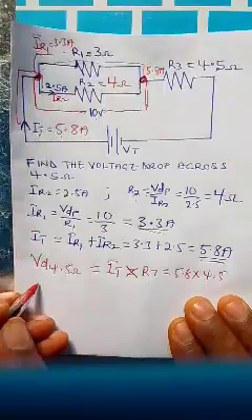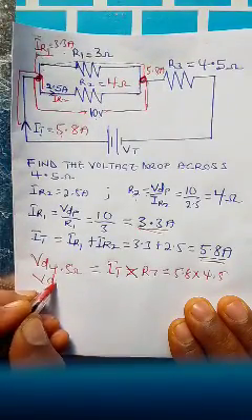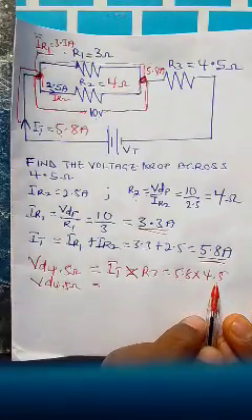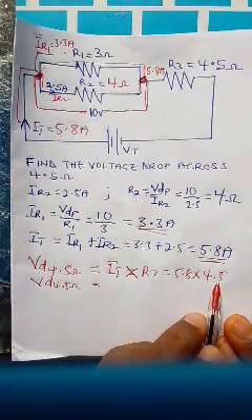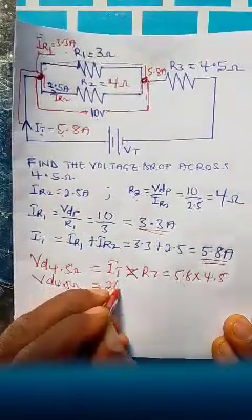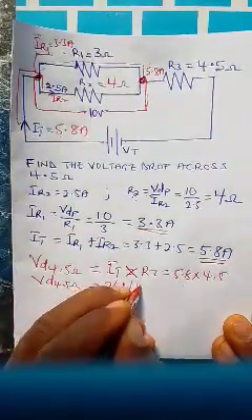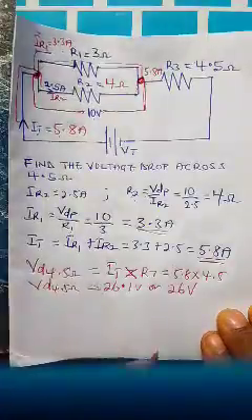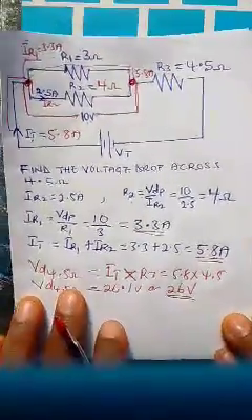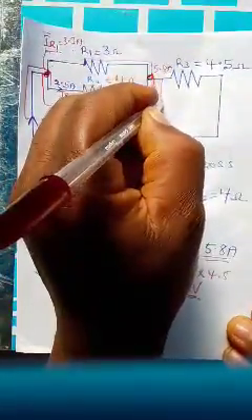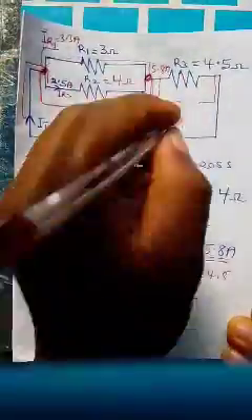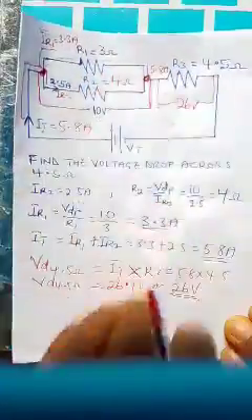When you multiply, 5.8 times 4.5 gives us 26.1 volts, which can also be written as 26 volts. So the voltage across the 4.5 ohms is 26 volts.